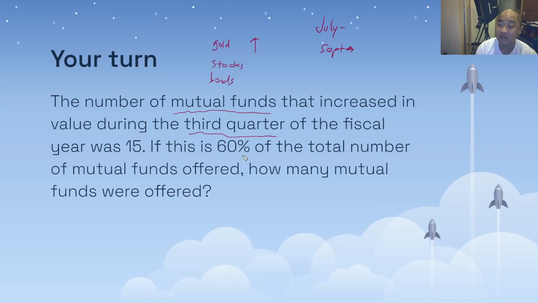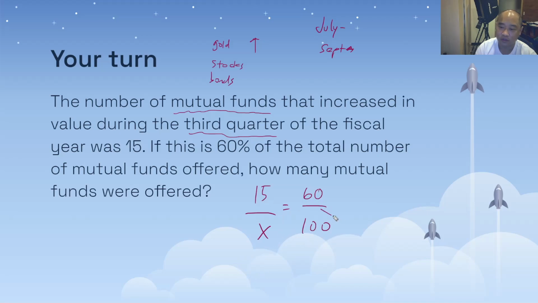So if this is 60% of the total number of mutual funds offered, how many mutual funds were offered? Well, we're trying to find the total, right? The total, and we don't know. Wait, what do we know? The number that increased in value was 15. We know the part. That makes sense. And then 60%, that's the percent, right?